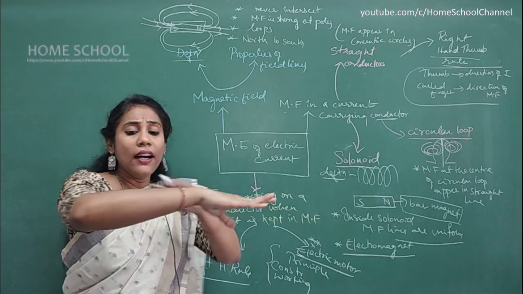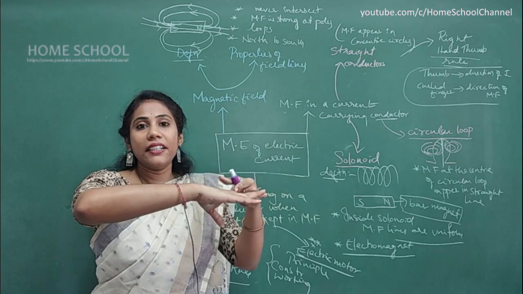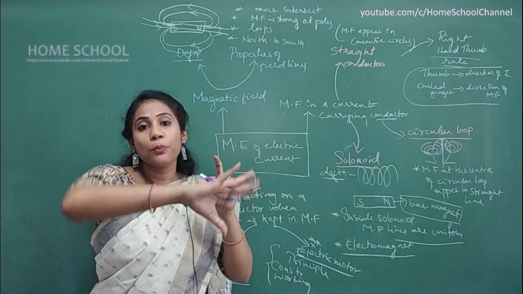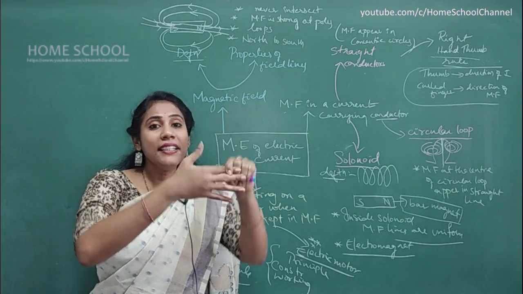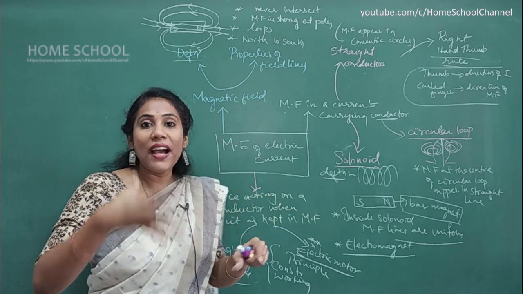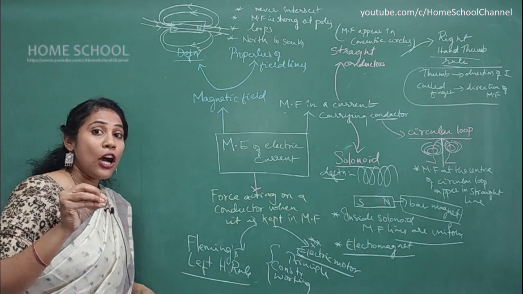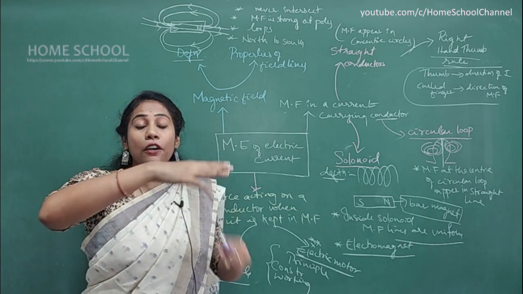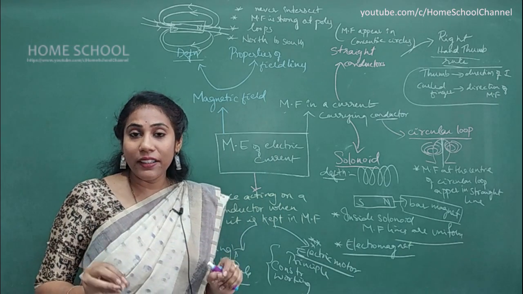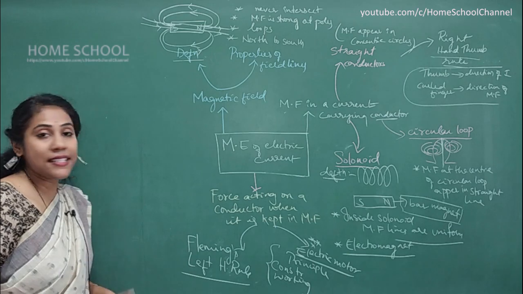I told you, when a current is carried in a particular direction in a conductor and it is kept in a magnetic field, the conductor starts moving. And in what direction the conductor moves, right? This can be identified with the help of Fleming's left hand rule. When you know the direction of current and the direction of magnetic field, the direction of movement of the conductor is identified with the help of Fleming's left hand rule.